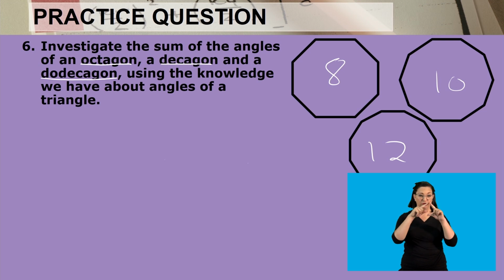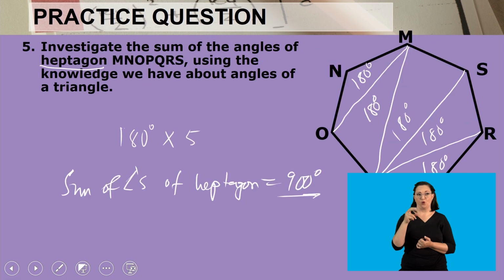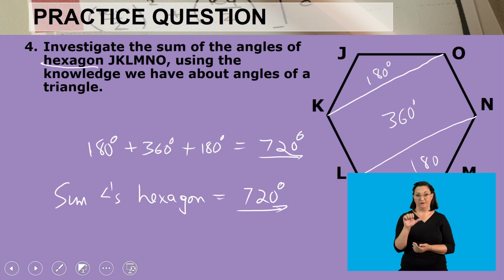Now, we cannot all the time divide it into triangles and count the number of triangles you can make. However, we can look back at what we did. Let's go back to the one before. It is a heptagon, and a heptagon has 7 sides, and we have 1, 2, 3, 4, 5 triangles. Let's go back to the previous one even further, the one where we wrote 360.